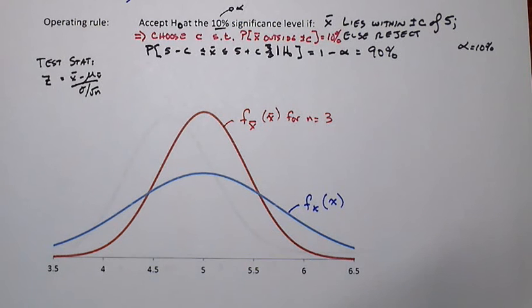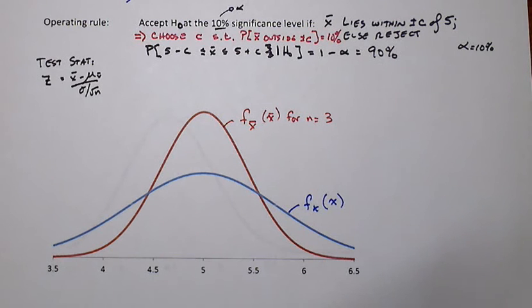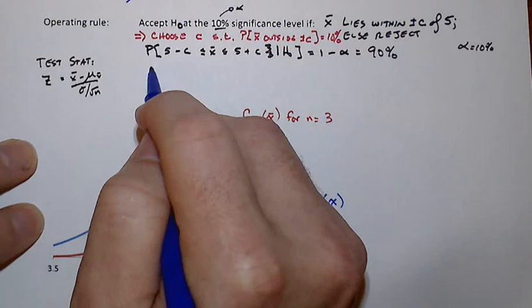Okay, and if n were to get larger, of course this would get smaller and smaller, still centered right here. So we're really trying to find this region in between what should be plus or minus c, and so we've got this two-sided central area of 90%, so that means 5% out in the tails. Right? So this is really all about the normal distribution.